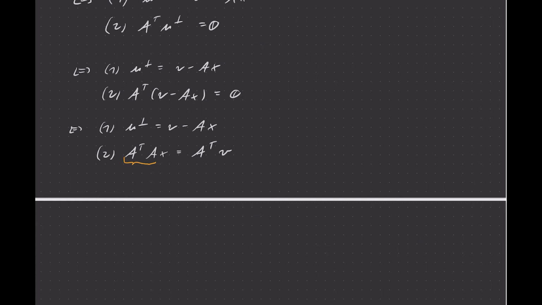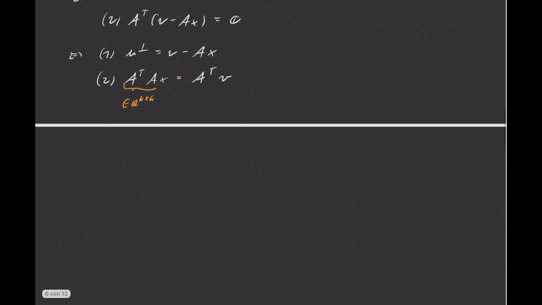So this matrix here is a matrix in R^(k by k). That x is a vector in R^k, so this is a linear equation in x that we can solve. This is a fixed value. This is a matrix, also fixed, so we can solve this equation. And once we solve this equation for x, we can then compute u ortho, of course.